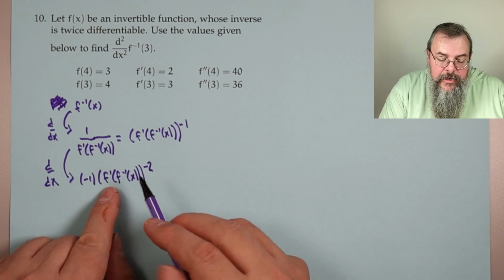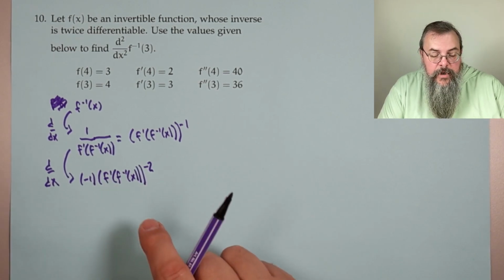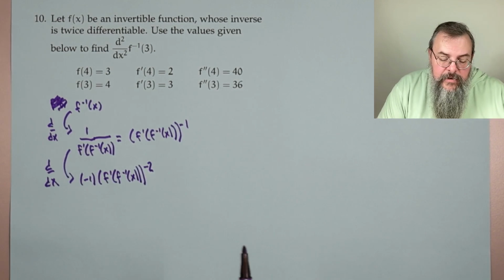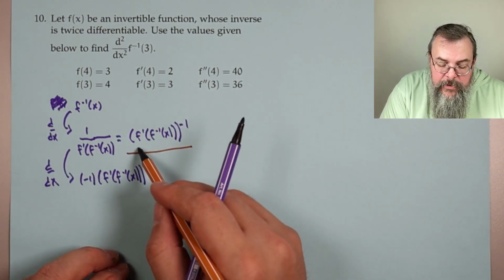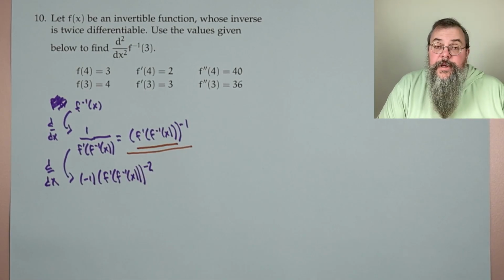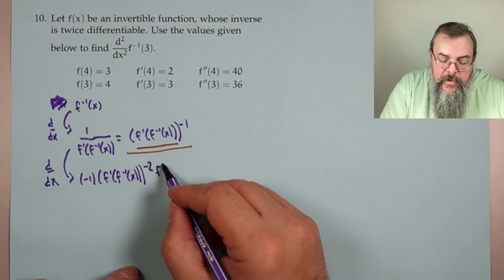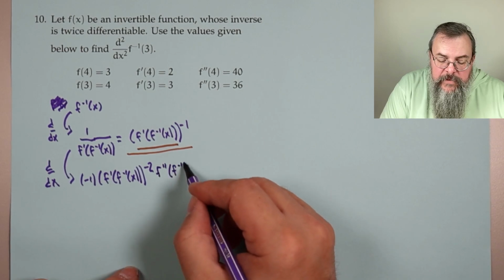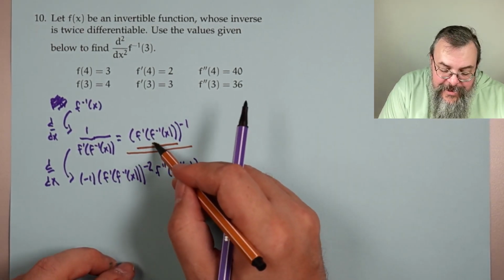Now, here, what's our next layer? So we're working our way in. We've taken the outside part. Now we're into the next layer. It's the f prime of f inverse of x. So that derivative would be f double prime of f inverse of x times the derivative of the inside.